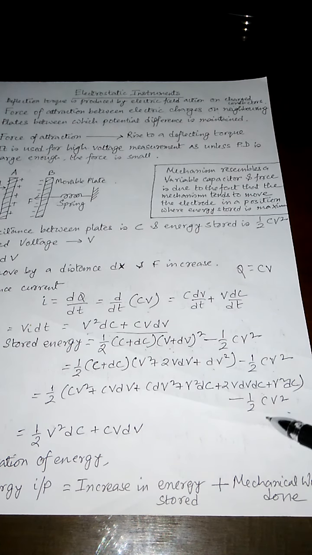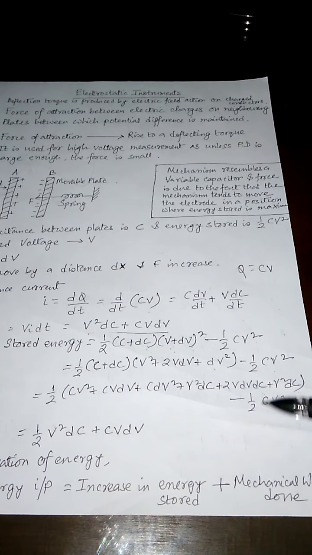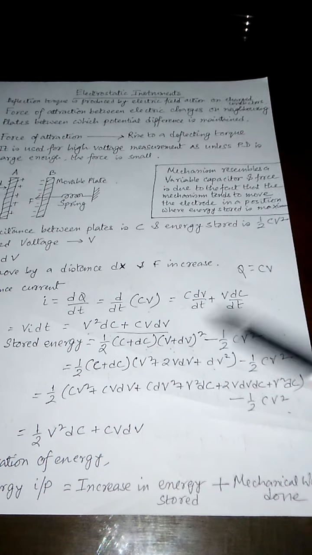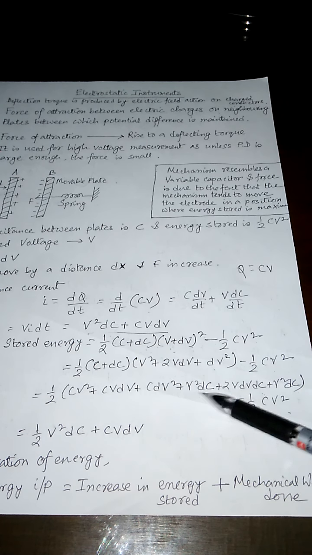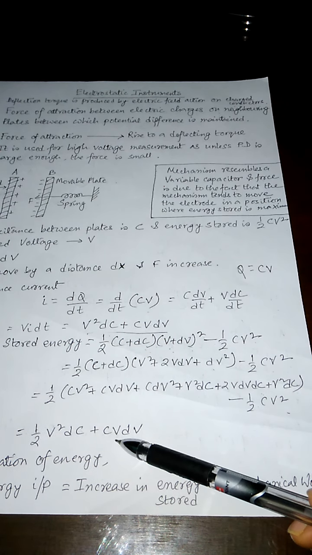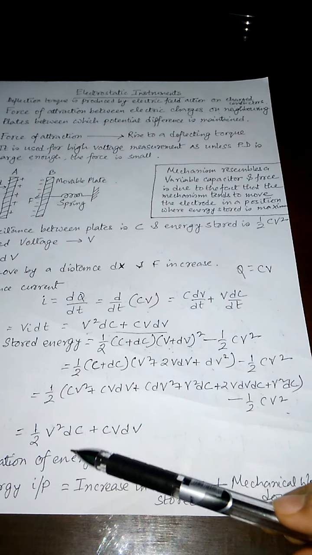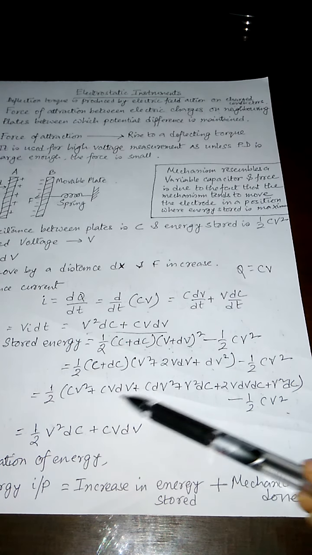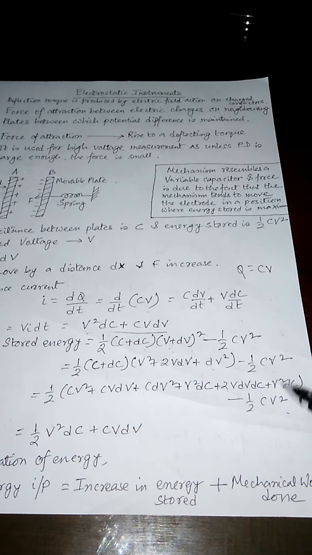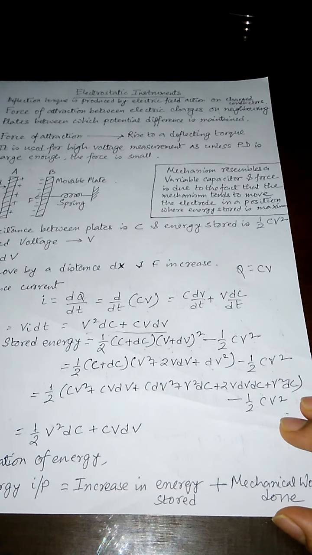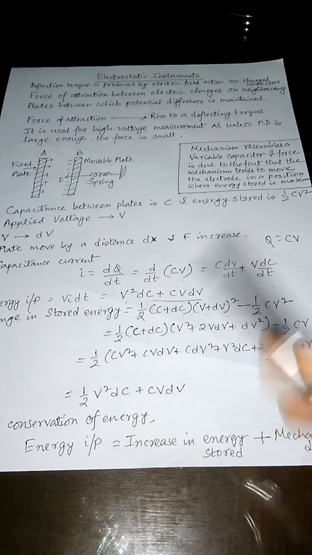So half CV square and half CV square cancel out. What will be the output? Half V square dC plus CV dV, and the other higher order terms we neglect because they are small quantities. So this is our final output.